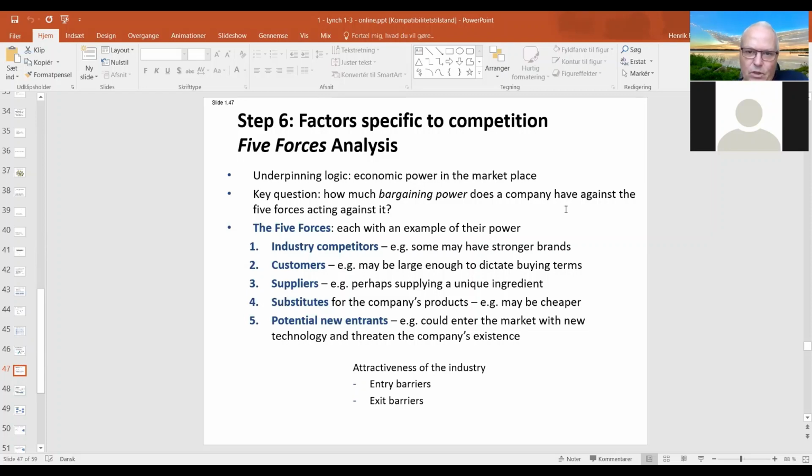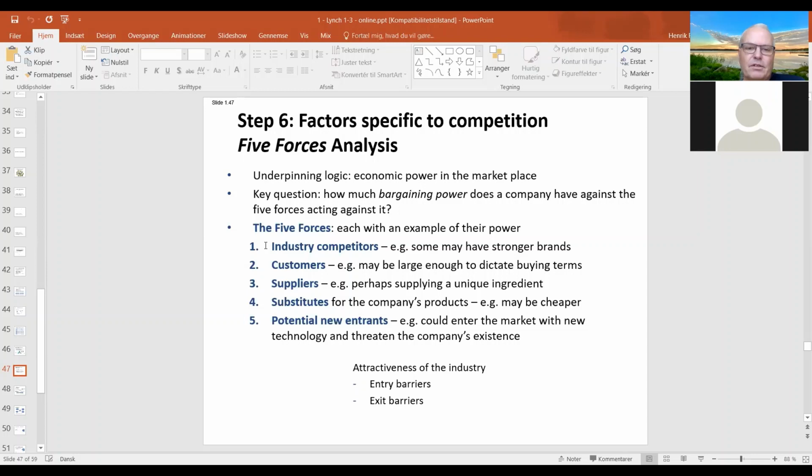And of course, one of the things is that we have number 1 here, called industry competitors. That means your larger competitors and basically all your competitors, because there's a difference between having an oligopoly or monopoly or whatever. So the industry and the number and size of the competitors tell us something about what kind of power my company has if there's only, let's say, one other company producing and selling products in this particular marketplace.